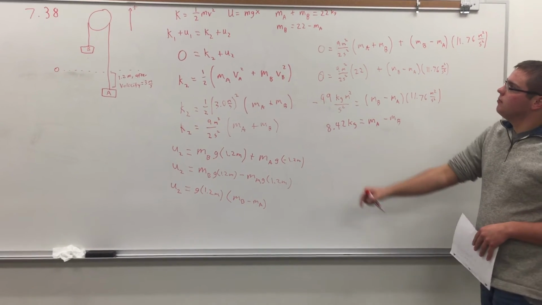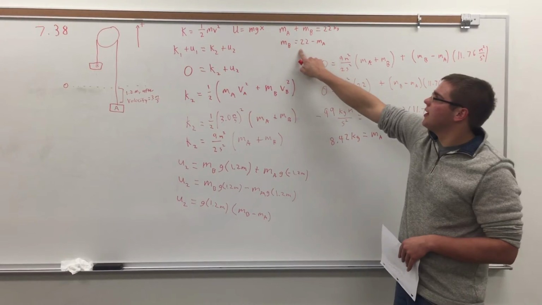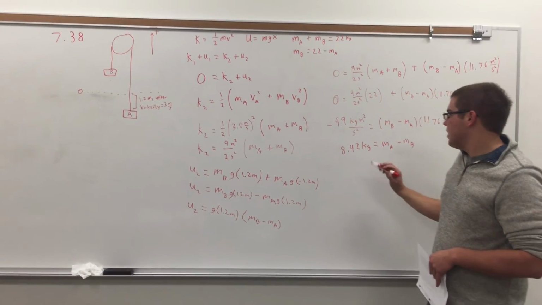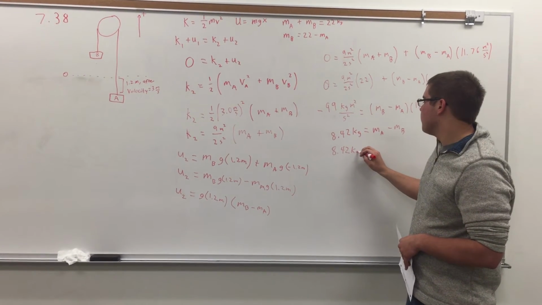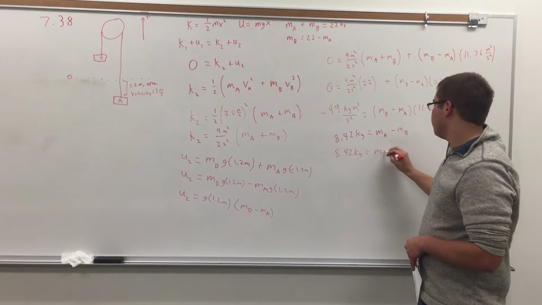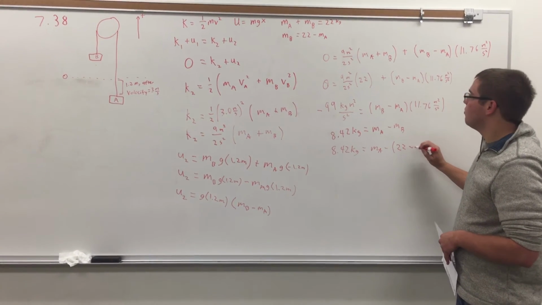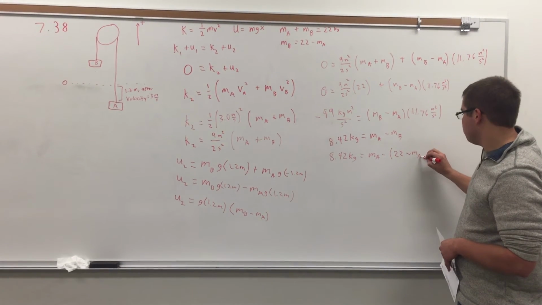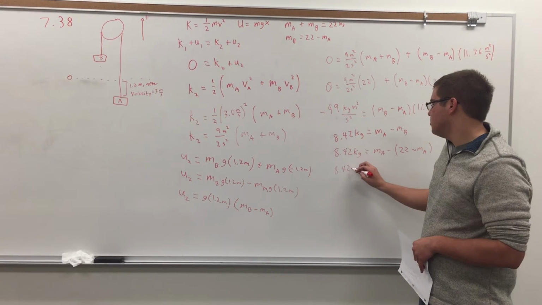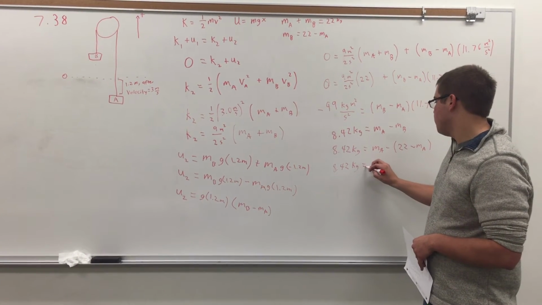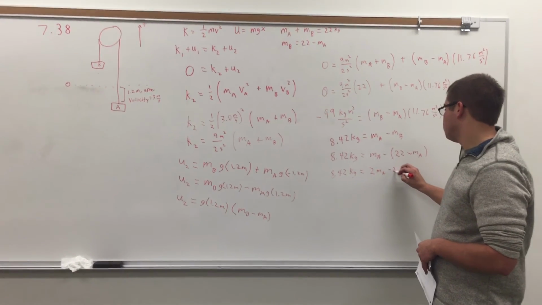So now what we're going to do is solve for mass of B up here in terms of mass of A. So we're going to plug that in down here, and we get 8.42 kilograms equals the mass of A minus 22 minus the mass of A. And we get 8.42 kilograms equals 2 mass of A minus 22.